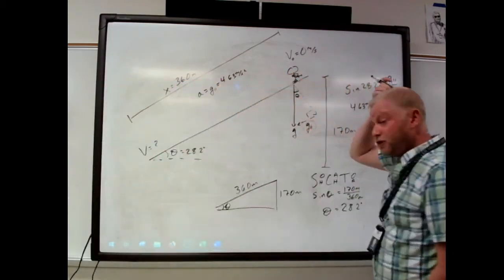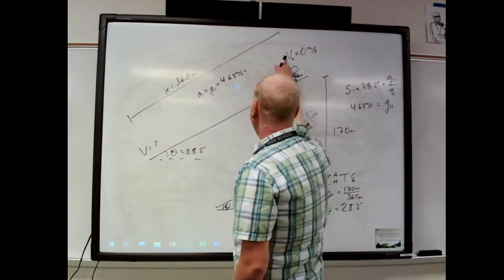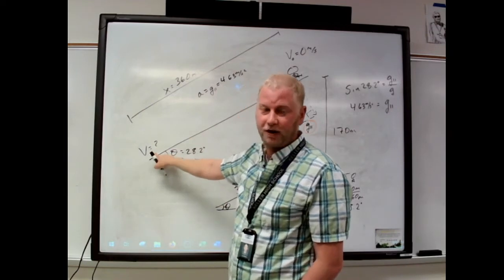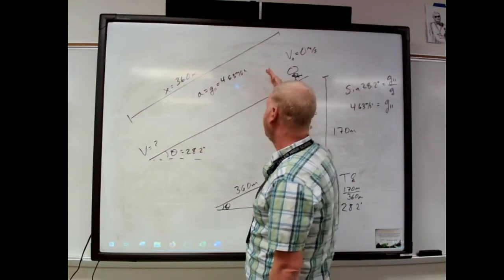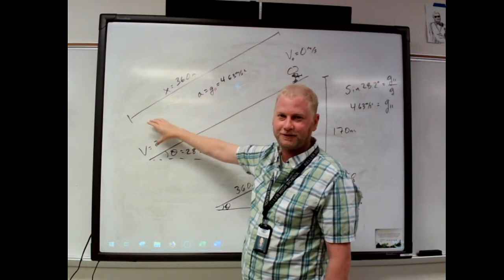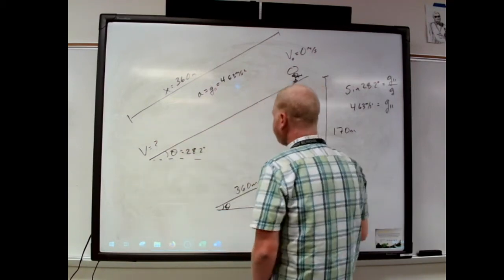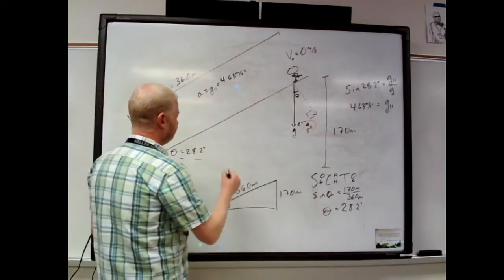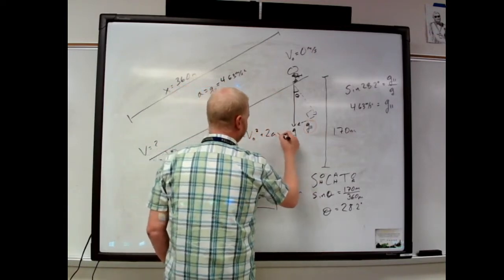Alright, from there, you have yourself a simple kinematic problem. We know initial velocity, we know distance, we know acceleration, we want to know velocity. So now we're just treating this as a one-dimensional problem, and that one dimension is parallel to the inclined plane itself. It's a downhill dimension. So we got x, we got a, we got v naught. We want v, we could use v squared equals v naught squared plus 2ax.